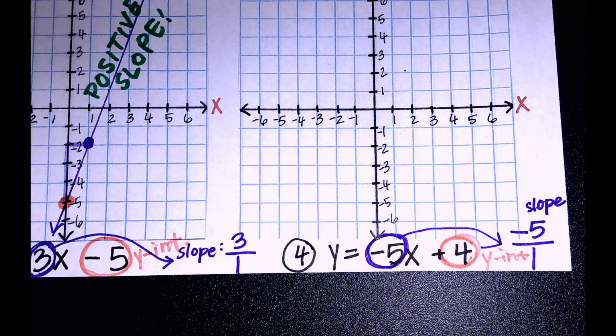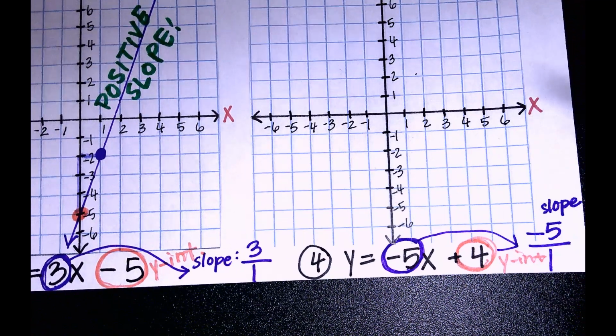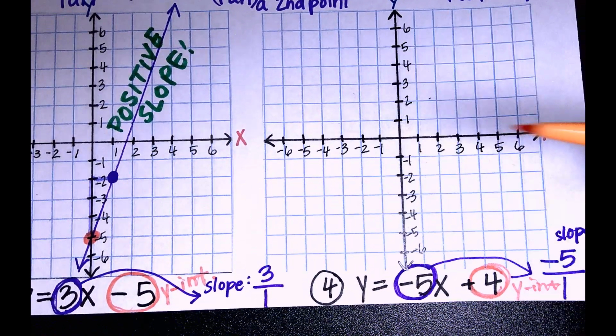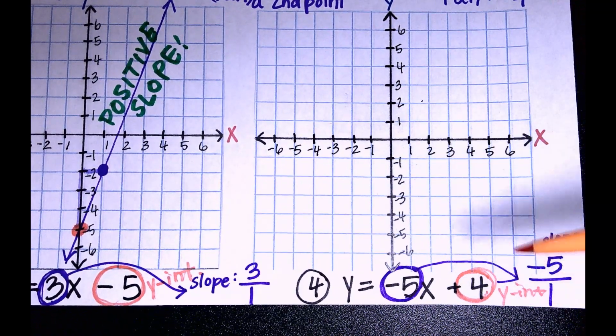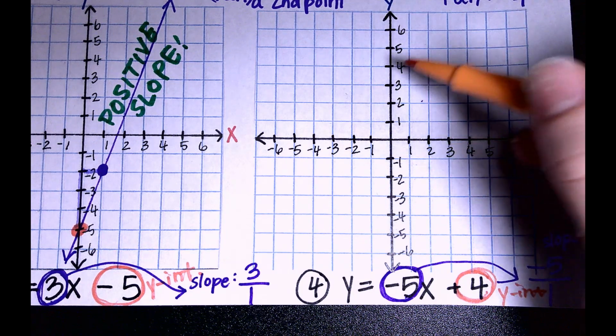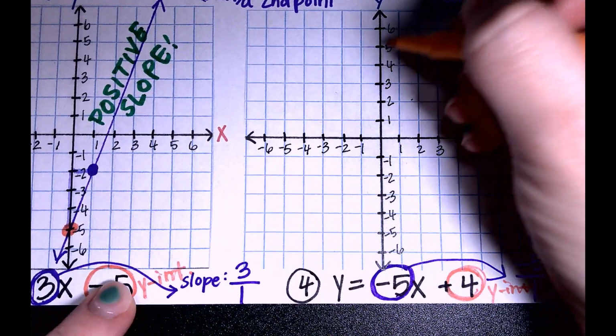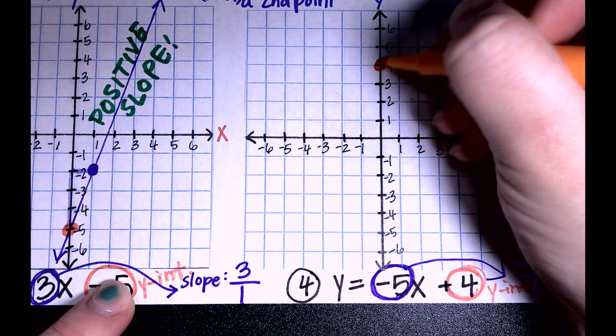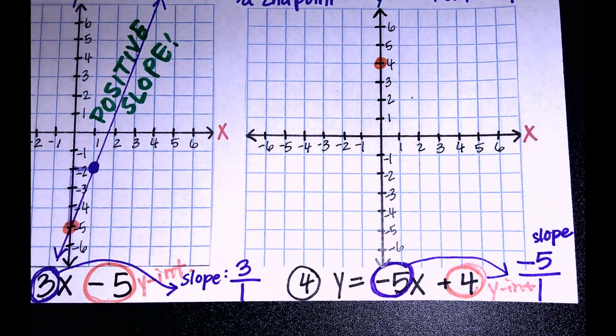So where do I start? Putting 4. So positive 4, negative 4, x-axis, y-axis. Positive 4 on the y. Good. So I'm going to start with a point right there at 4 on my y-axis.